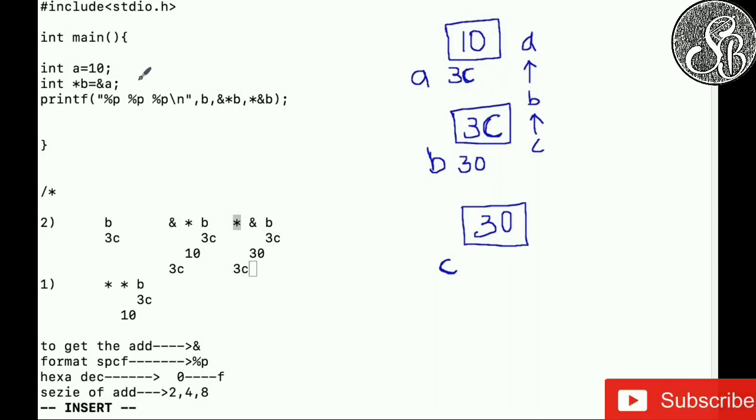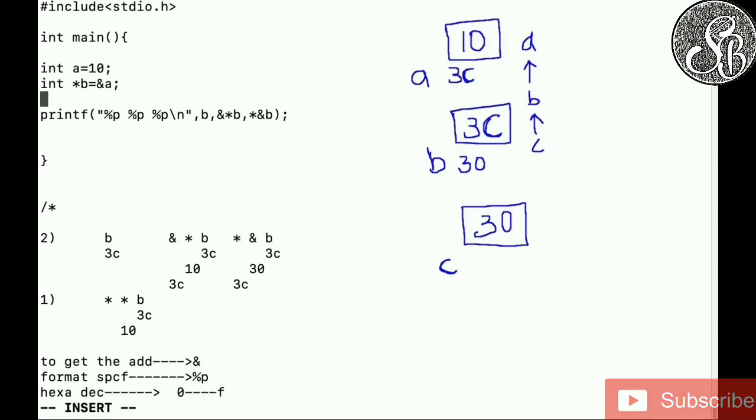That is what I'm writing here in the program. How can I achieve this? First thing, from where you need to think is from here: what I'm storing inside this. To get this 30, what do I need to do? To get the address of this one, 3C, I used ampersand of A, right? To get this 30, I'll use ampersand of B, for which the variable is C. Now what is C storing as data type for the address?